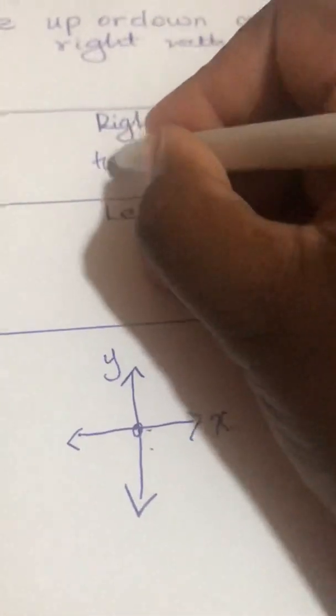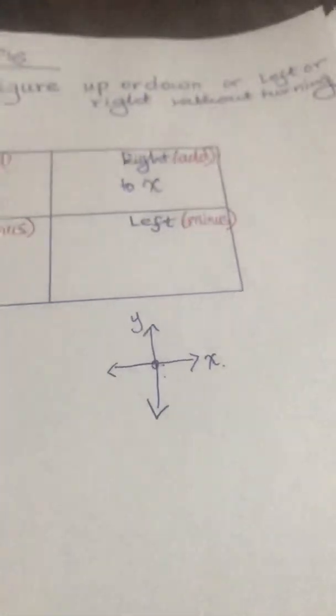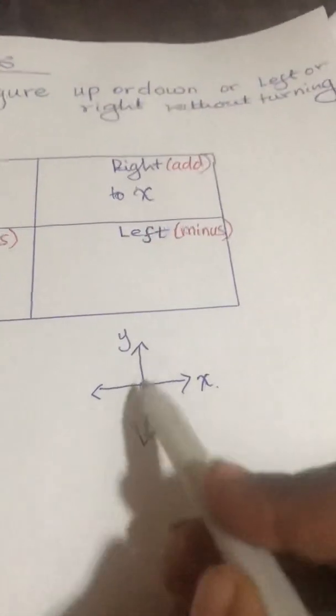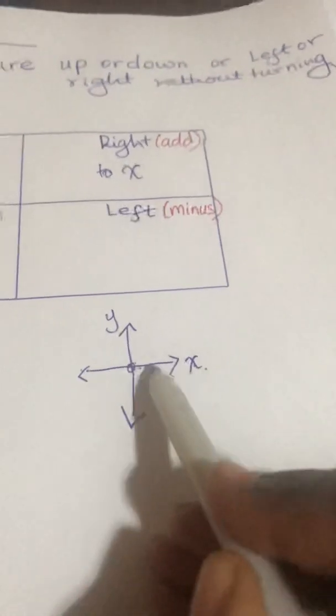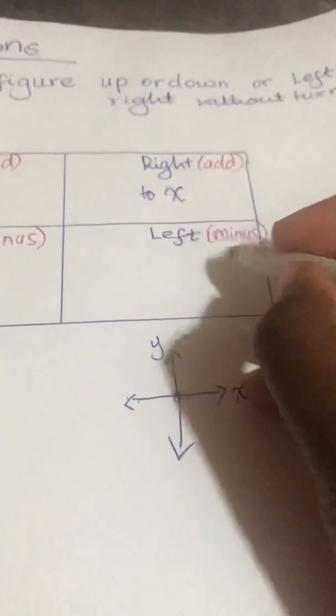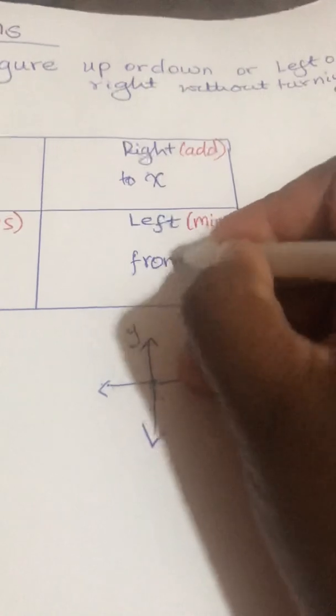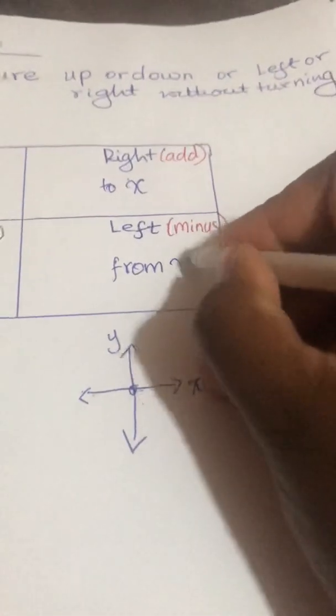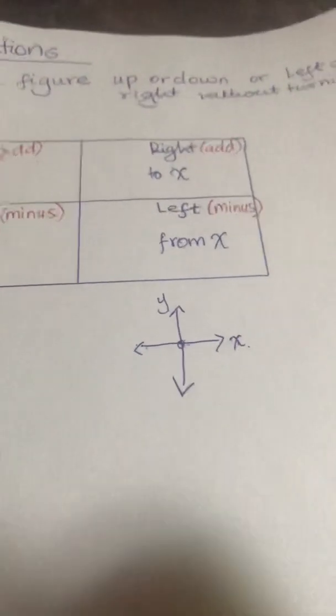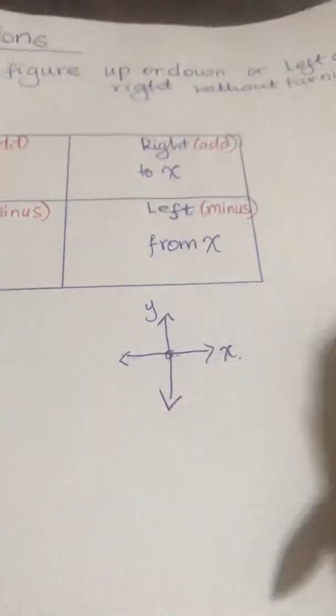Add to X. Okay? When I'm going to the left, it is still on the X axis. That means minus from X. So it is X minus the units you're moving.